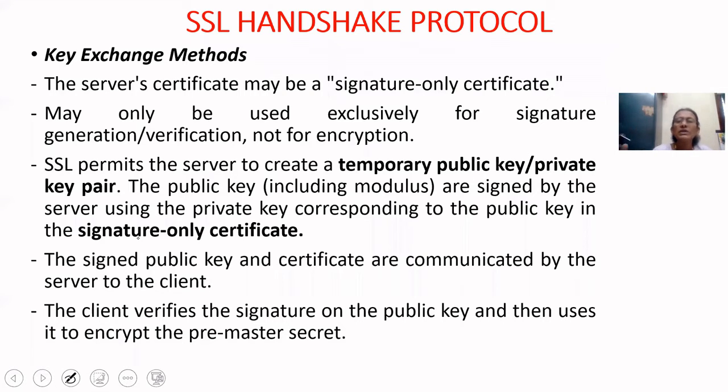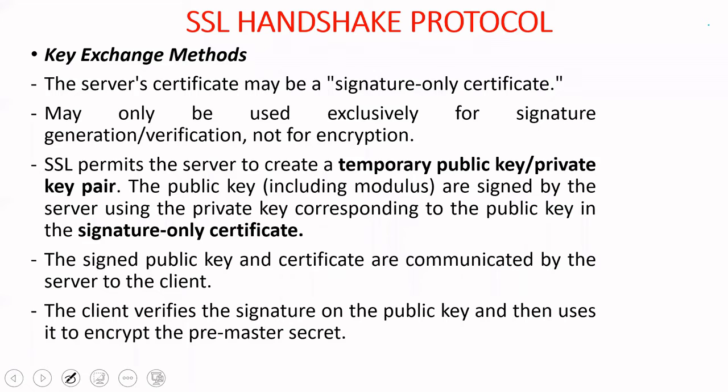So how are these keys being exchanged? The server certificate may be a signature only certificate. What do you mean by signature only certificate? The public key that is there in the certificate may be used only for signature. If that is the case, then it cannot be used for encrypting the premaster secret.